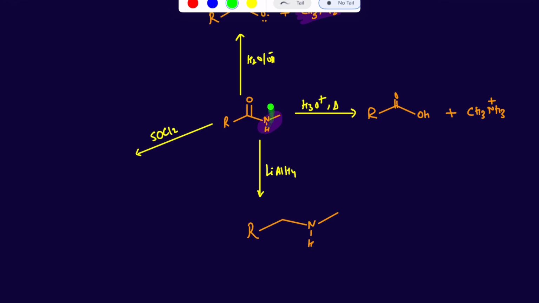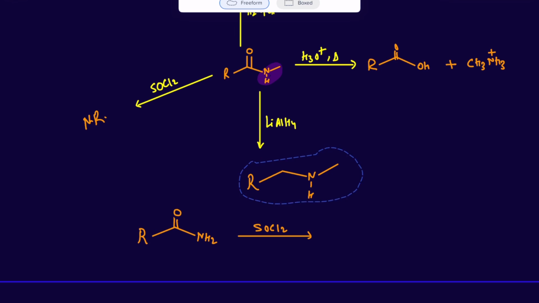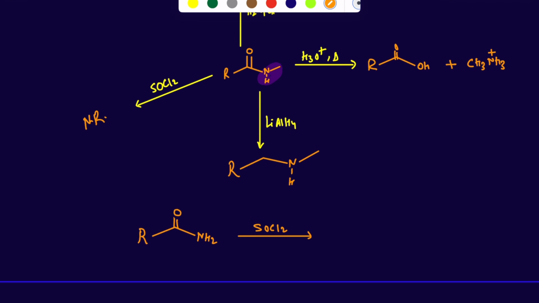There's one more reaction that amides can technically do, especially if it's a primary amide. Since this is a secondary amide, using SOCl2 is not going to help. This works only with primary amides. But if this was something like, let's say, a primary amide, and you go ahead and use SOCl2 here, that would turn this into a nitrile. That's a very important reaction.